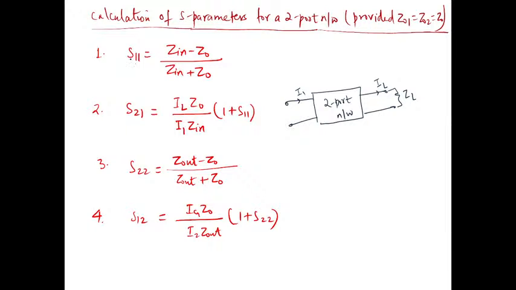When we were calculating S11 and S21, we terminated port 2 with a load ZL equal to Z0, which is the port impedance.